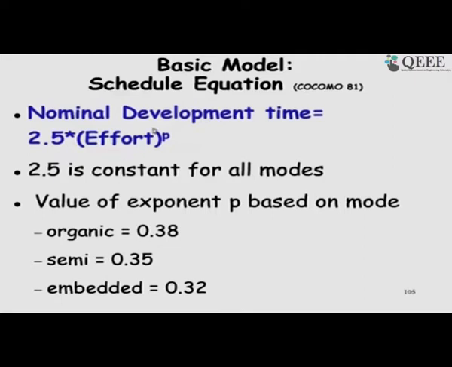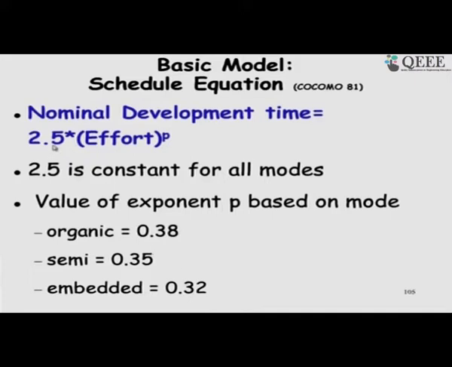So, this is the minimal time, basically when the team size is ideally deployed. So, it is 2.5 into effort to the power p. So, there is again a multiplier, and then there is an exponent, a scale factor. The scale factor varies from 0.38 to 0.32, not too much of variation, just see that.